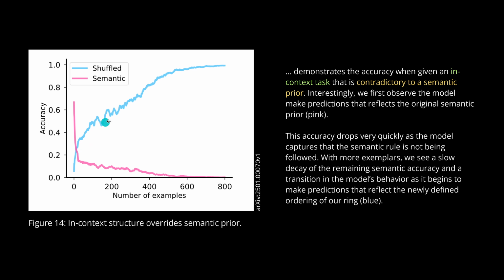Look at how slowly we increase with the number of examples, 600, and we start to come close to, let's say, 100% in the best case. So this is a behavior of in-context structure overriding the semantic prior of an LLM that shows us, my goodness, ICL to be really effective.